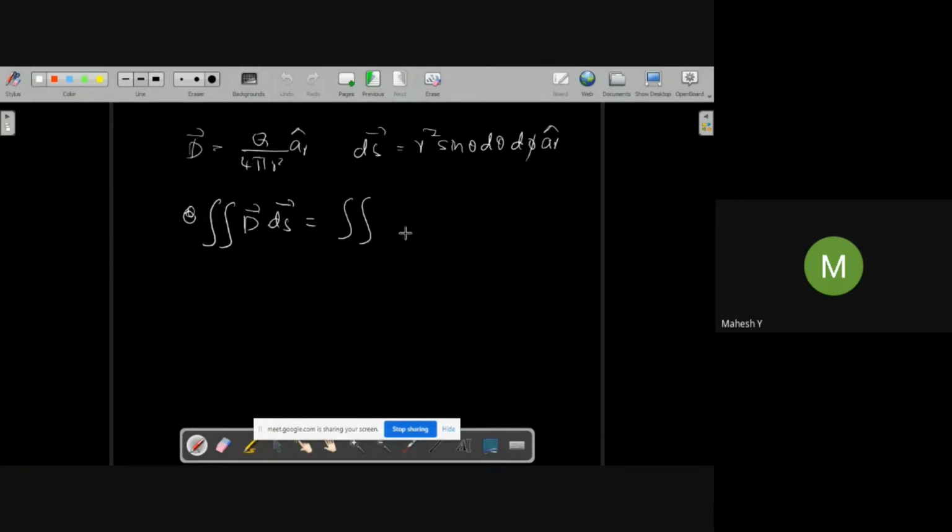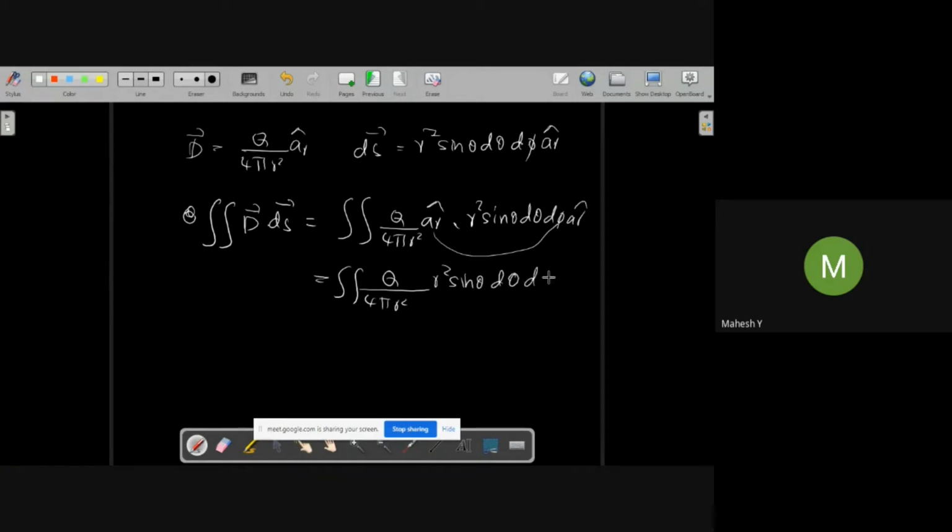So I have to find the dot product between Q by 4 pi r squared a_r dot r squared sin theta d theta d phi a_r. a_r dot a_r is 1, so whatever is left is Q by 4 pi r squared into r squared sin theta d theta d phi.